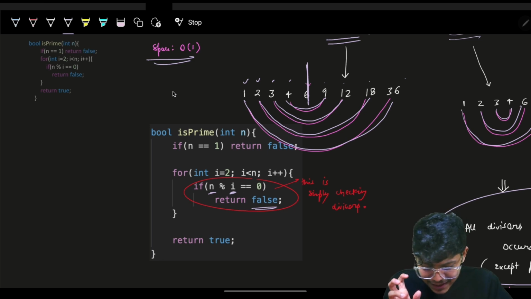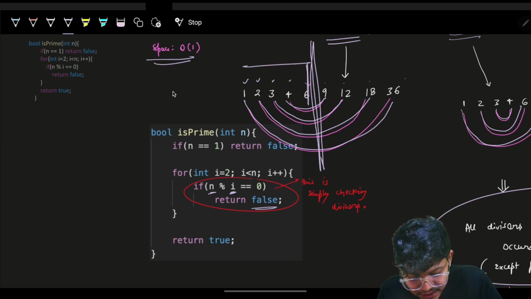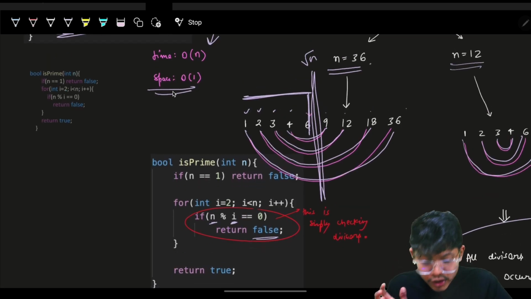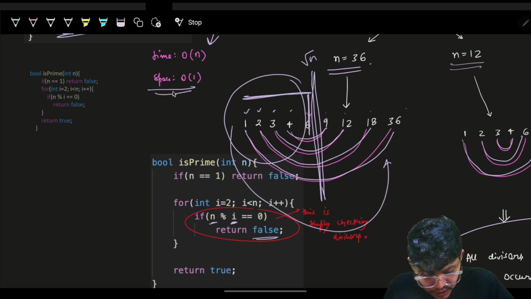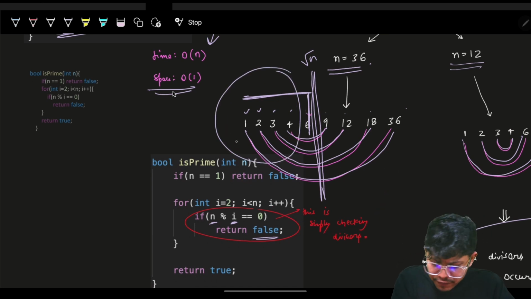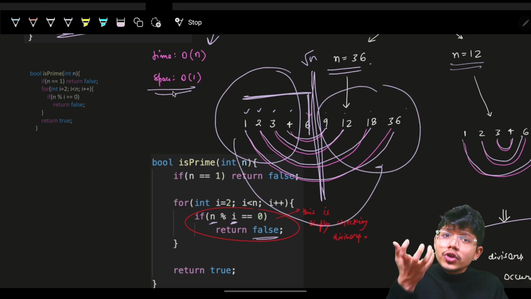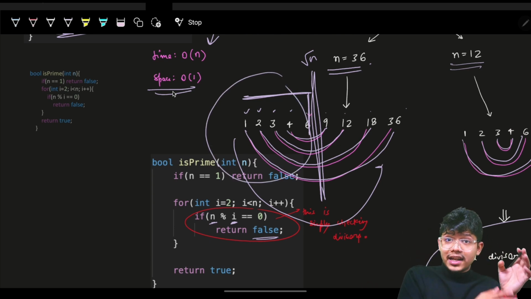Now I am saying that you can only check the divisors in the left half of the portion, which means up till root n. Because for sure, if you find any divisor in this left half, you will have a corresponding divisor in the right half. So you only need to check in one half, the left half, or you can also check in the right half.